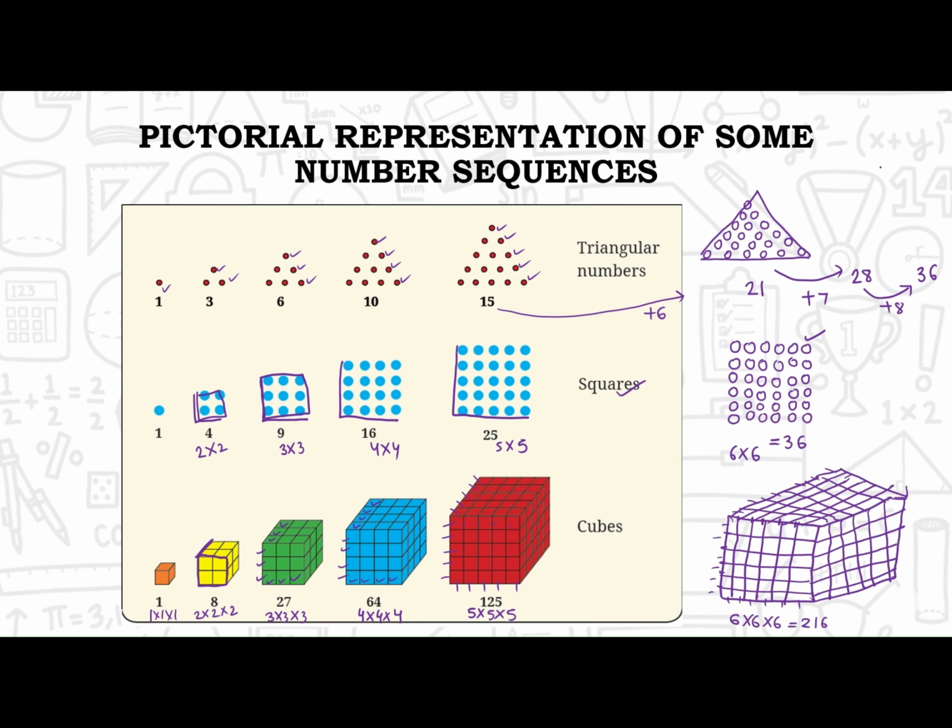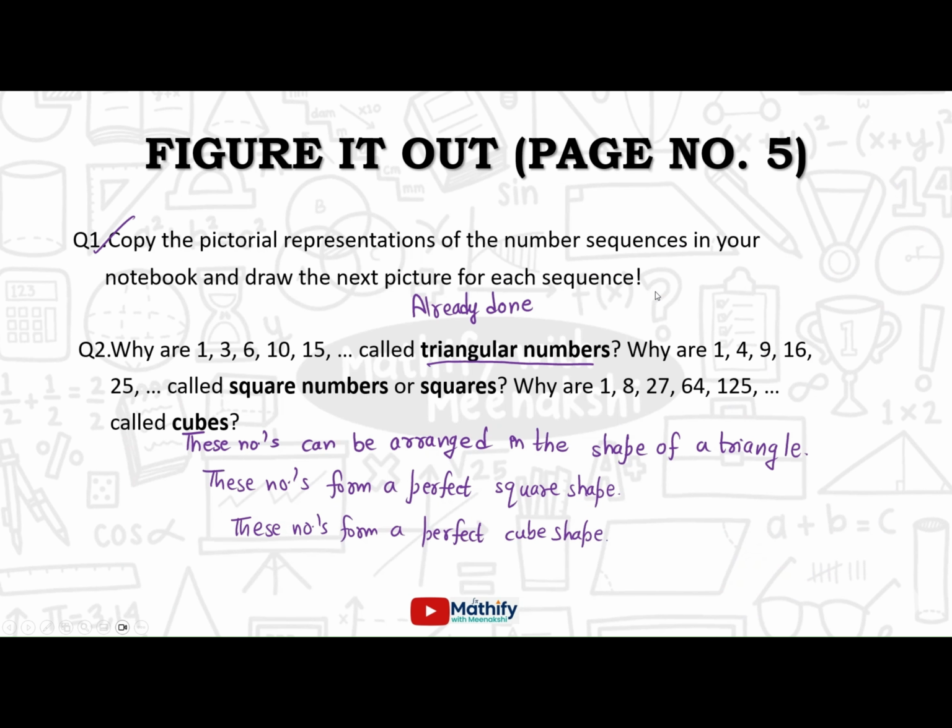So I will draw that for you. 1, then next 2, then 3, then 4, then 5, then 6, then 7, and then last 8. That's for 36. So this is 36 as a triangular number, and here 36 as a square. So this is your answer number 3.